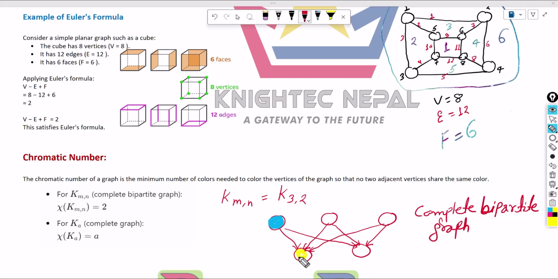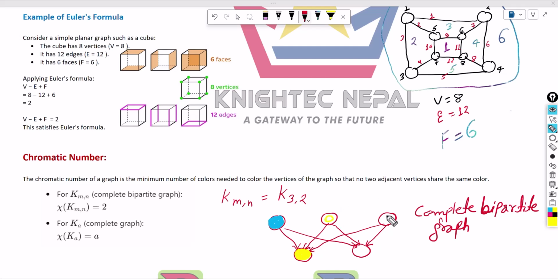Let us fill this as yellow. Now I cannot fill here and here yellow. So this and this are adjacent. So no two adjacent vertices can have the same color. This is our rule.